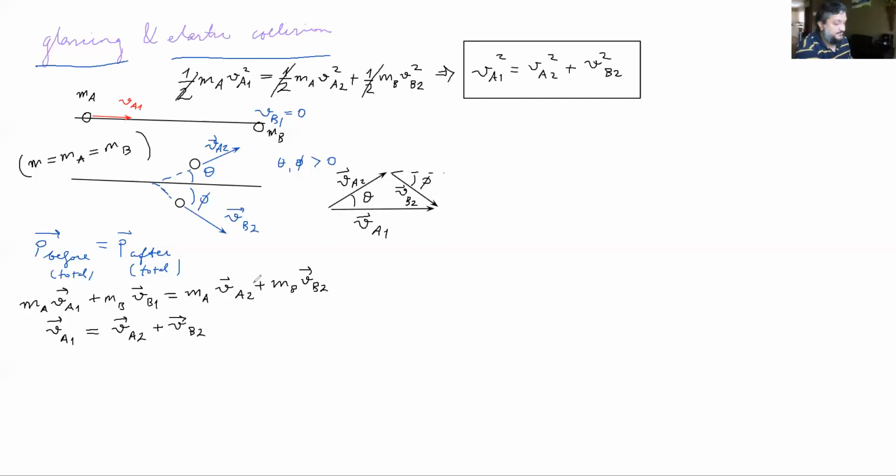All right? Now, if you write this in terms of components, let's do it over here, let's say the x component. If this is the x direction here, and this will be y.